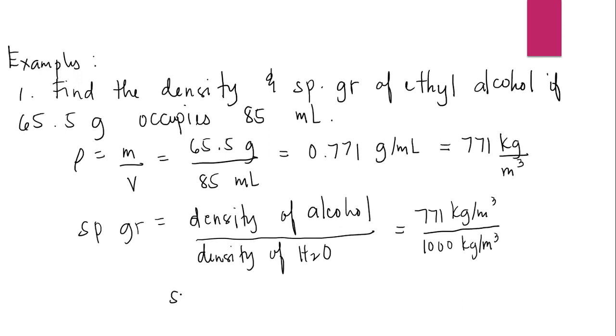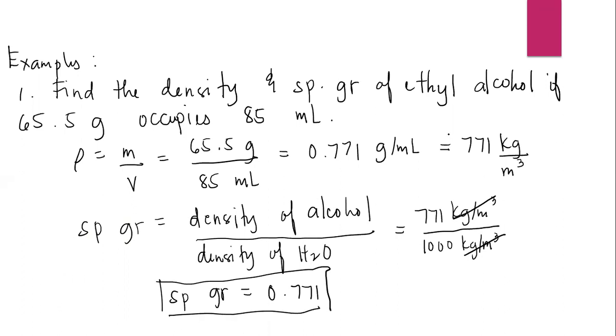Therefore, the specific gravity is equal to 0.771. No unit. Unitless ang specific gravity. Okay, this one is the specific gravity, and this one is for the mass density of the ethyl alcohol.